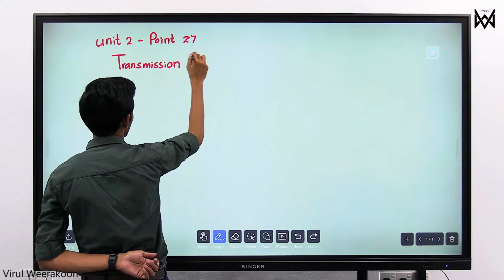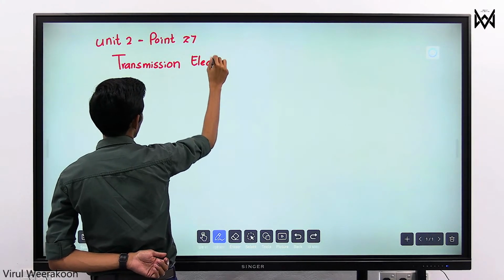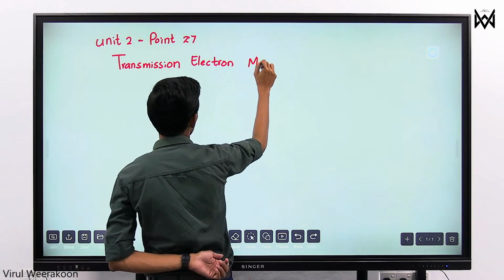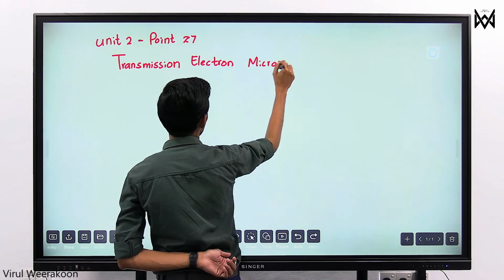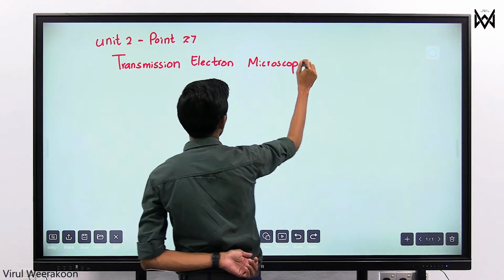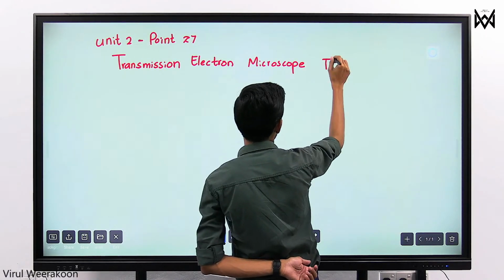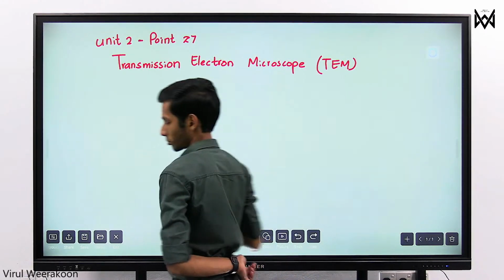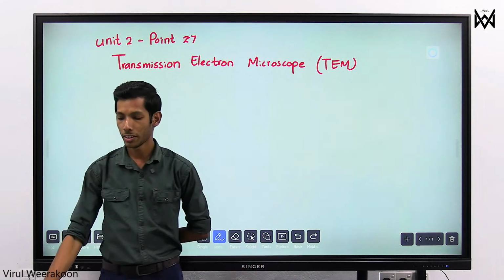Transmission electron microscope. In brackets, write down TEM, short form. So first point, write down.